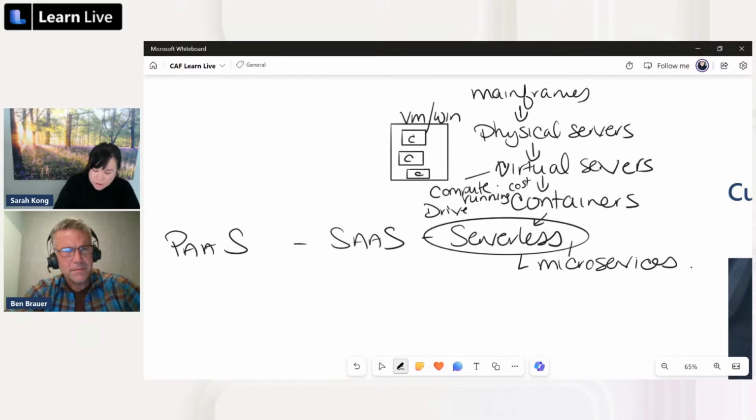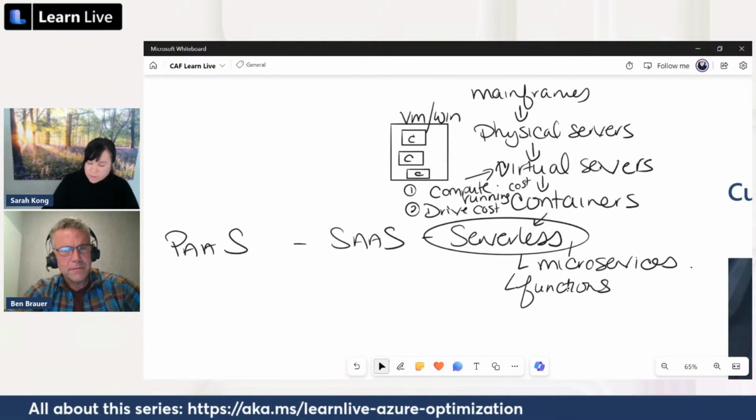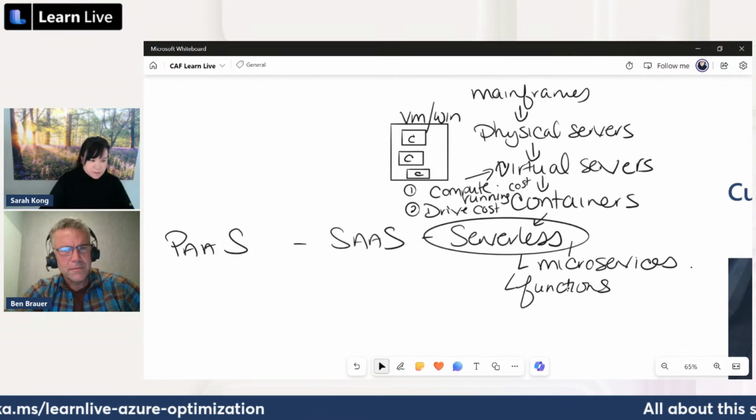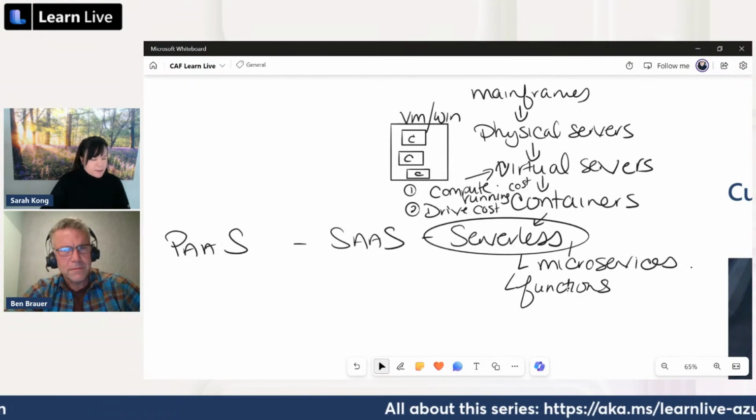So there are always two costs associated with creating this infrastructure as a service, where serverless allows you to run things like functions as code, running code on demand without having to build servers. Is that a fair way of calling serverless, Ben?